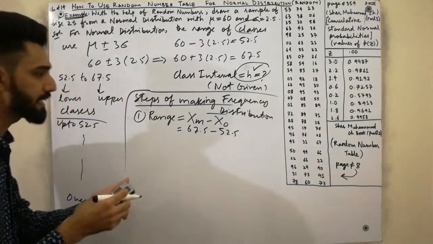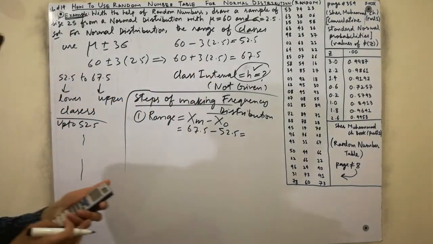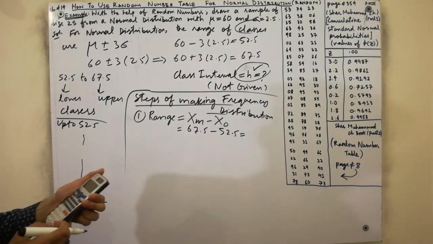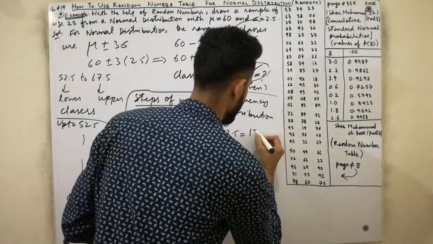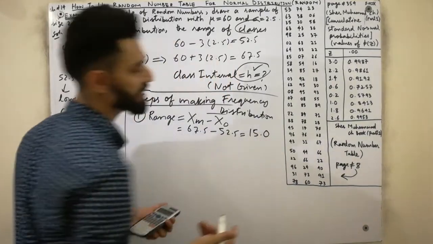Now calculating 67.5 minus 52.5, we get the value 15.0.